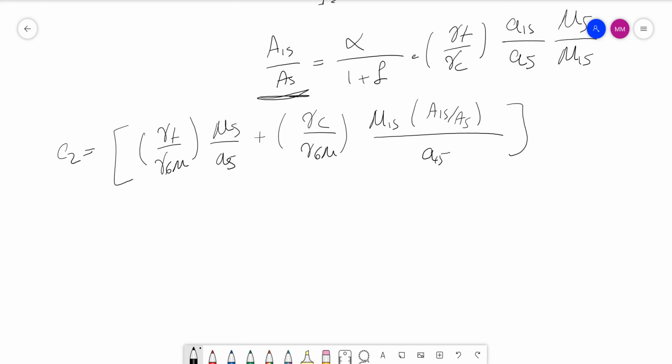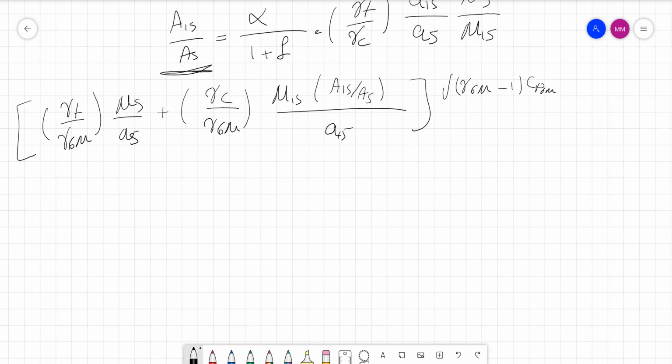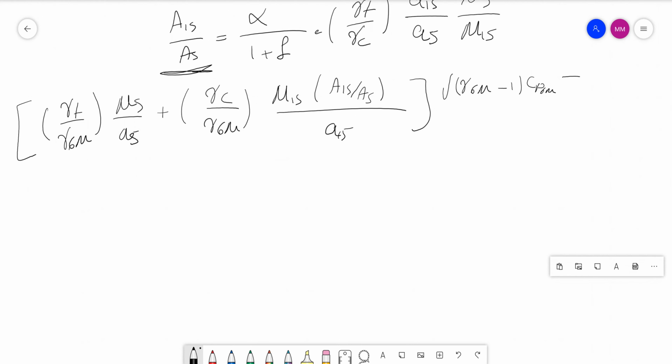And all of this is multiplied by the square root of gamma 6M minus 1, CP6M, TT6M, all of this under the square root, over 1 plus A15 over A5.